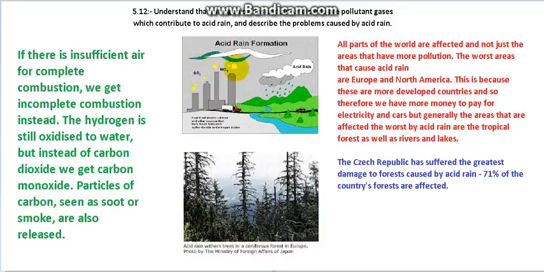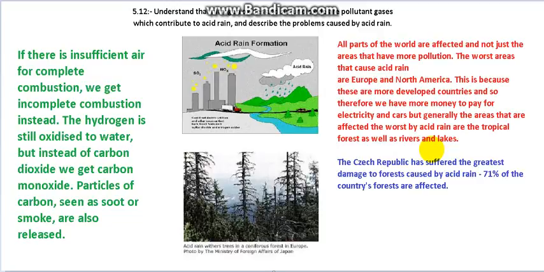They go up into the clouds and form water droplets, which therefore fall on the city and vegetation. Now, all parts of the world are affected, not just the areas that have more pollution. The worst areas that cause acid rain are Europe and North America. This is because these are more developed countries, and they have more money to pay for electricity and cars.